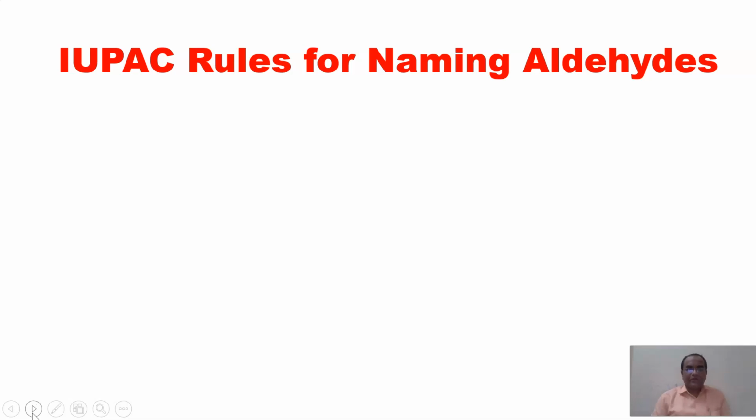Let us see the IUPAC rules for naming of aldehydes. Now we have started the first carbonyl compound, and in this session we will see the remaining carbonyl compounds also. The first carbonyl compound is aldehydes, and in IUPAC, aldehydes are named as alkanals.